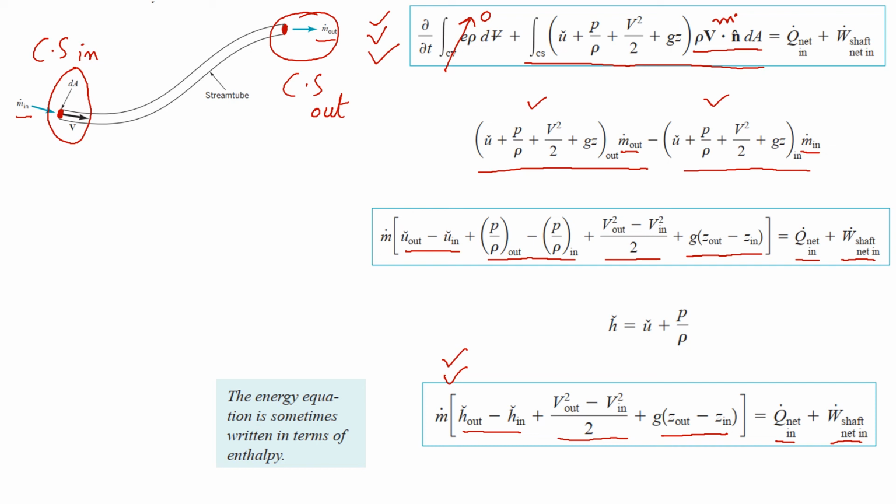Now we are going to use it to see how much energy we can extract from a device, or how much energy a device needs so that we can run it. So we are going to use it to solve our problems related to energy. So let's do that.